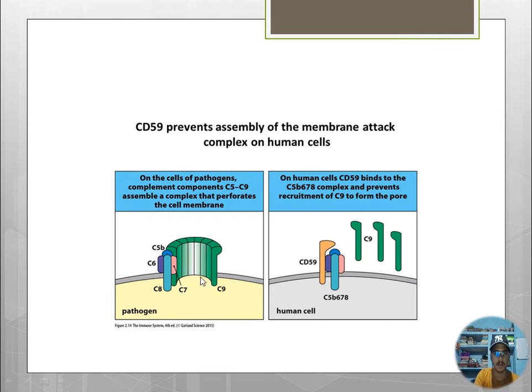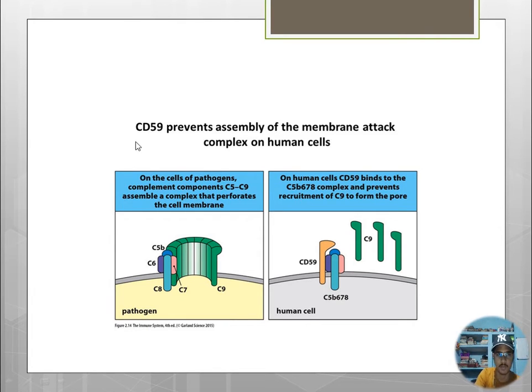Now to prevent this on the RBCs and other cells of the human body, there are certain regulatory endogenous proteins present on the surface. These regulatory endogenous proteins, such as CD59, prevent the C9 polymerization from occurring, so that pores are not created on the self cell.